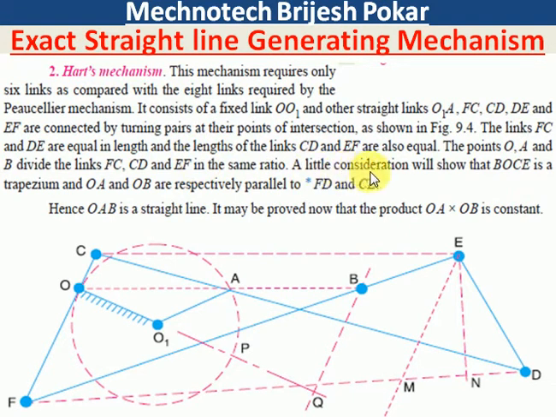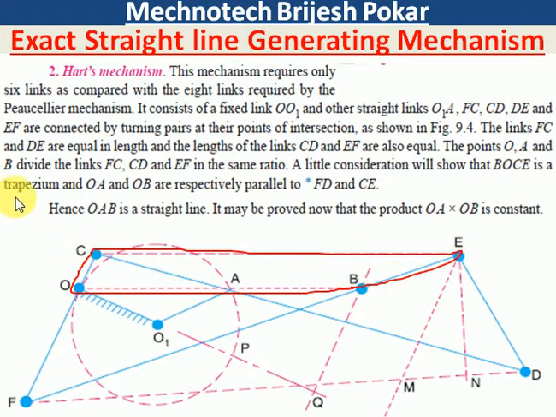A little consideration will also show BOCE, that means BOCE. So this is called a trapezium, and OA and OB are respectively parallel to FD and CE. So here OA and OB are parallel to FD and CE, that is what we assume, okay.